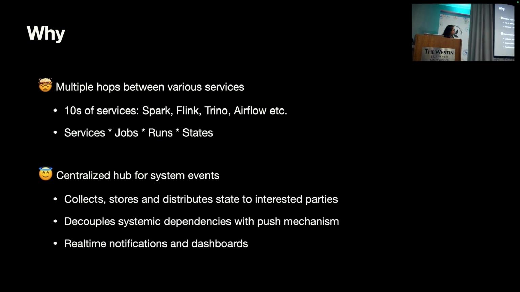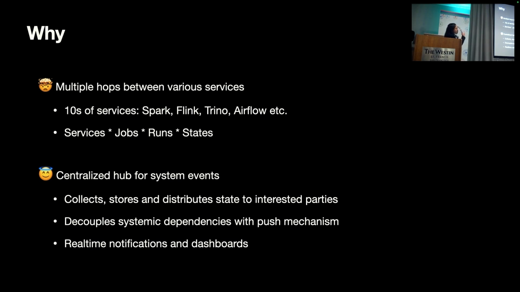So why did we build such a system in the first place? Generally, a data processing ecosystem consists of several services, such as Spark, Flink, Trino, Airflow, etc. And each of these services hosts several jobs that run multiple times a day. Each of these runs comes across different states throughout the day.